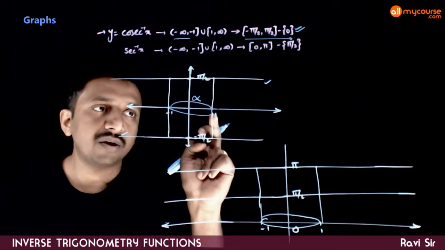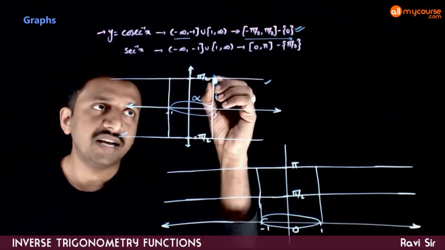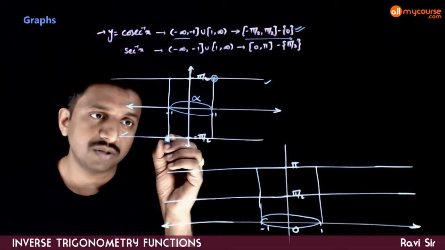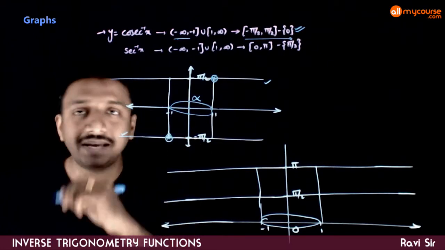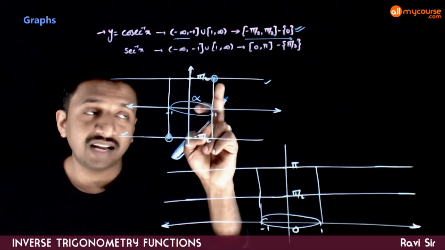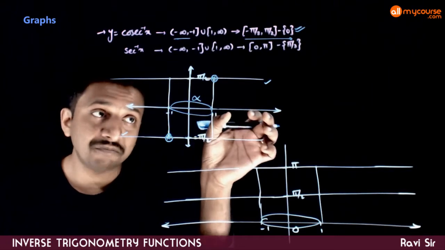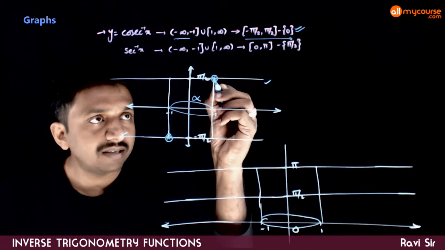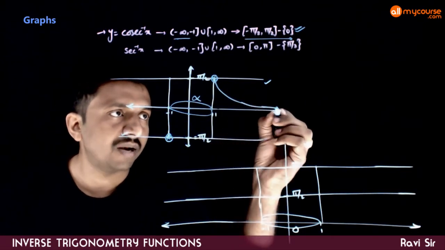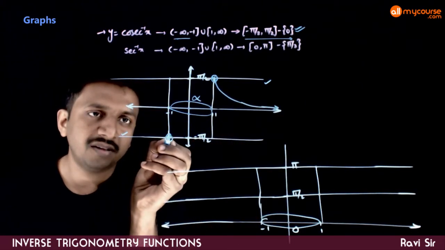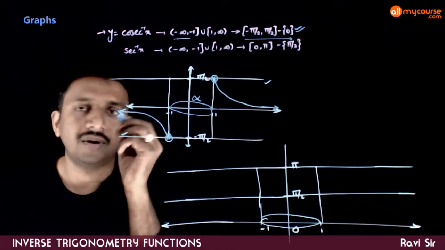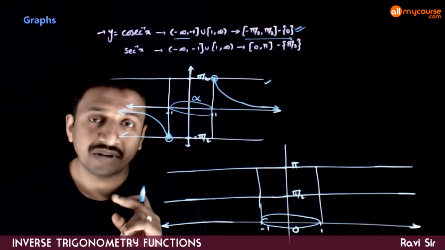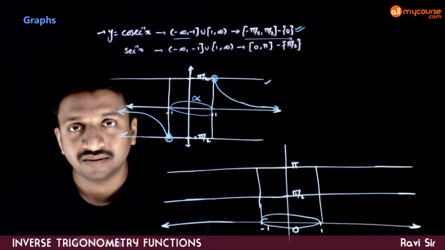Now cosecant inverse of 1 is pi by 2. Corresponding to minus 1, cosecant inverse is minus pi by 2. And the graph meets the x-axis asymptotically. So the graph has to look like this. From here, the graph has to look like this. So this is how the graph of cosecant inverse x looks like.